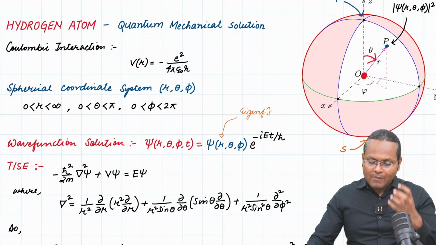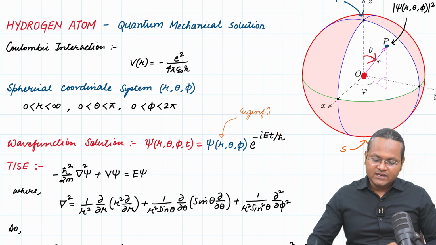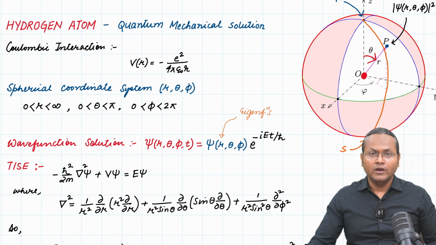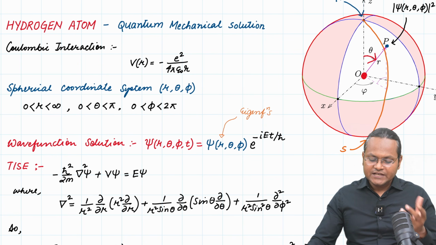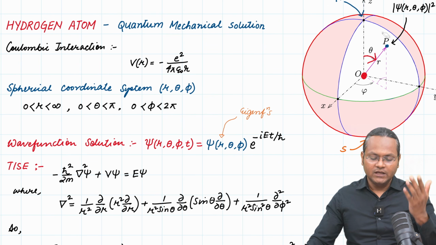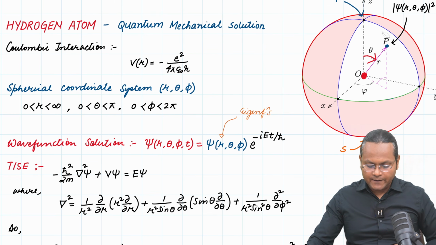So you can imagine that as theta is increasing, you're walking along a particular longitude along the earth, or along this particular sphere. So the associated Legendre functions have a functional value as we go from theta equals 0 to theta equals pi.